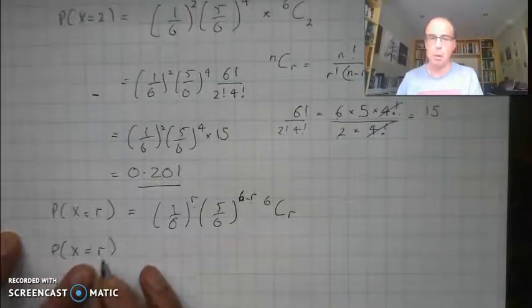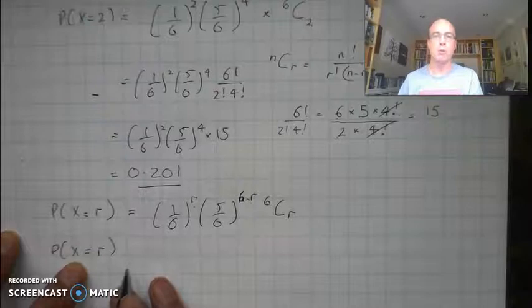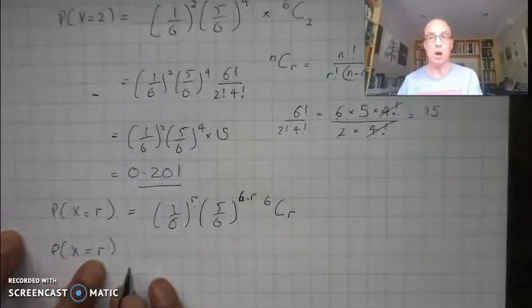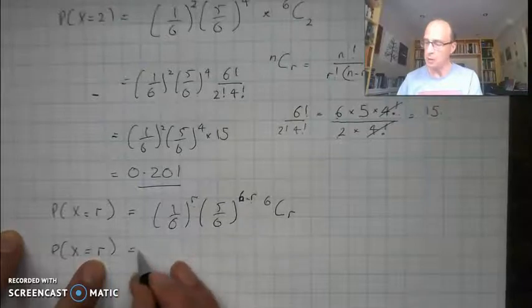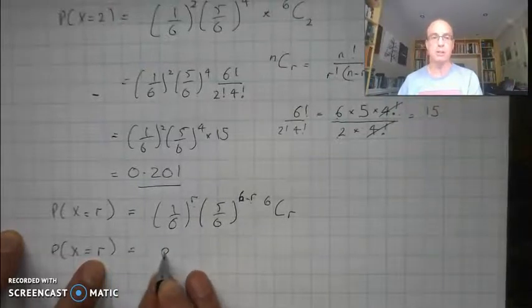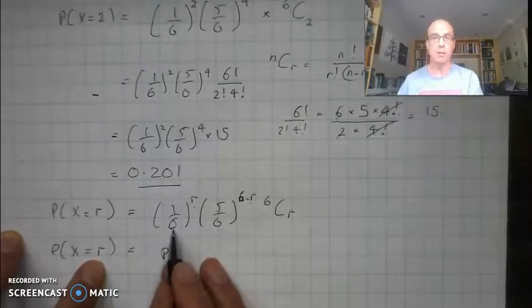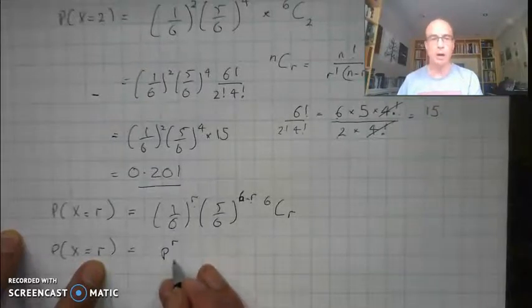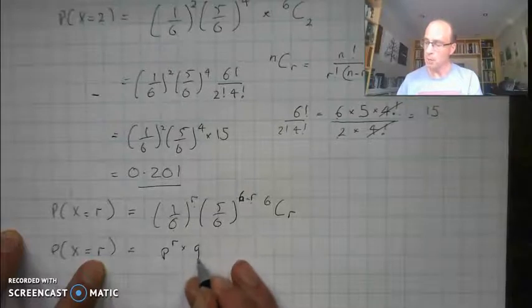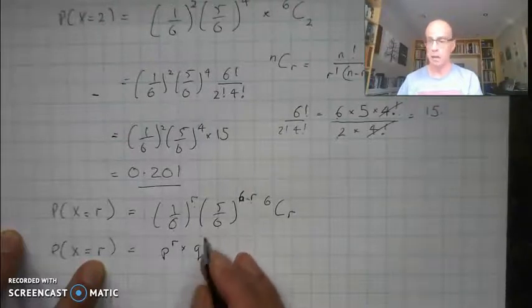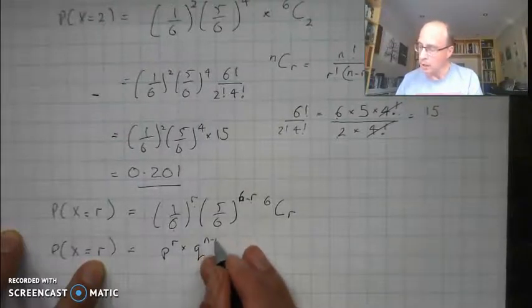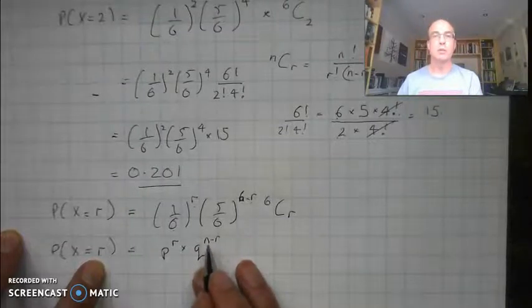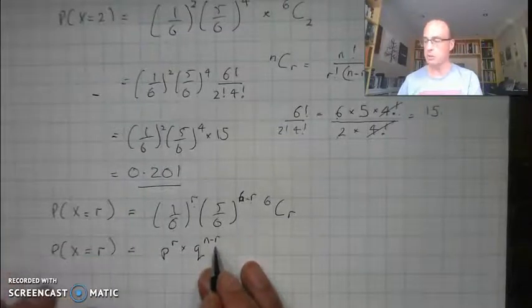I can say that the probability that my binomial distribution of X is equal to r successes is going to be equal to my probability of success. We've been working with a sixth, but more generally it's p, to the power of r, multiplied by my probability of failure raised to the power of the number of trials, take away the number of successes.